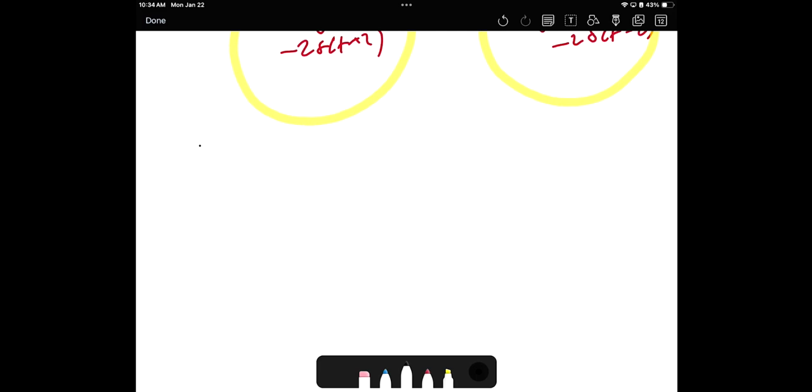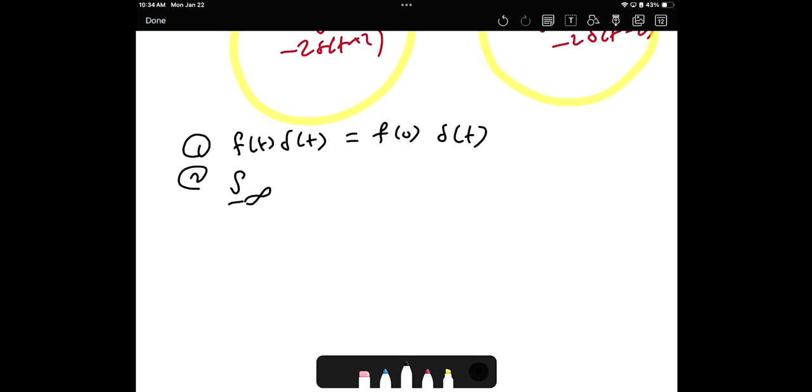Again, let's focus on this. f of t delta t equals f of 0 delta t. And when we do the integration, we get the integral from negative infinity to infinity of f of t delta t. We already wrote this, but I'm going to rewrite it to show how important it is to use these results.